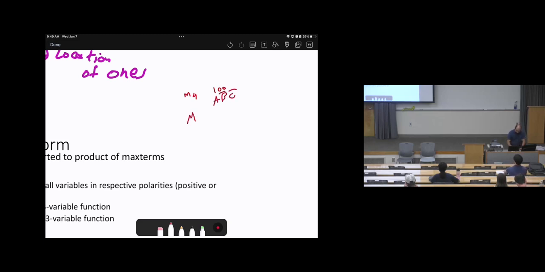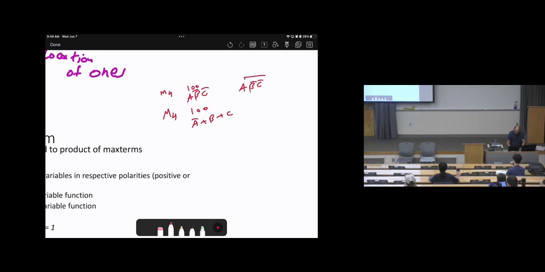But when we deal with M4 as max terms, M4 is still 1, 0, 0, but in terms of A, B, C, it will be A bar plus B plus C. How do we get this? You can apply the duality to the min term. The dual of it will be A bar plus B plus C. That's how we can get this.